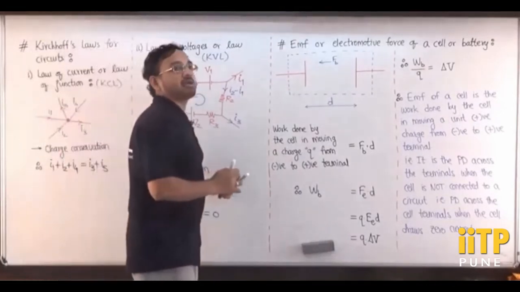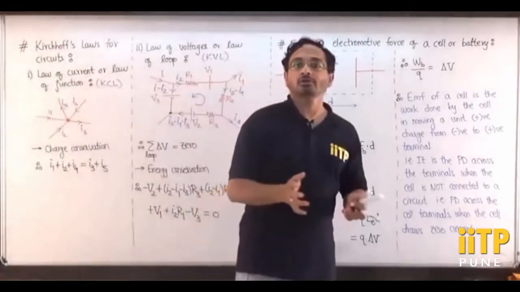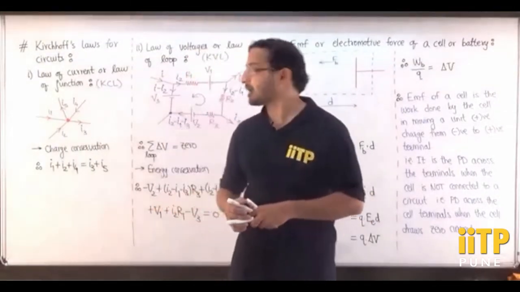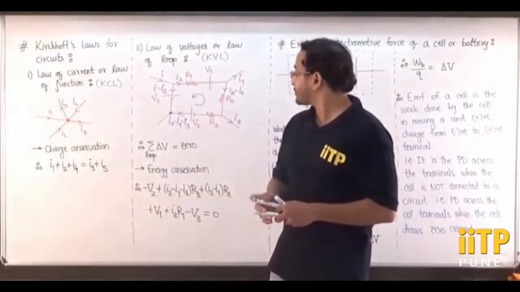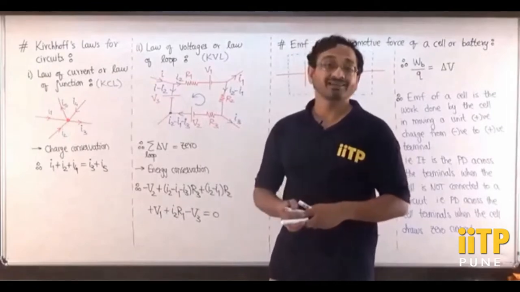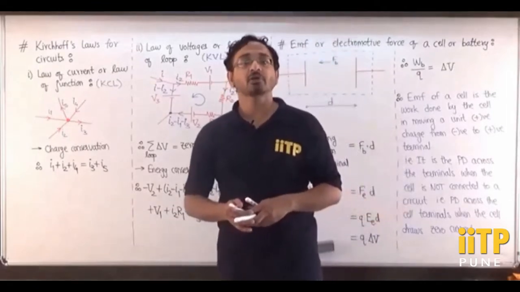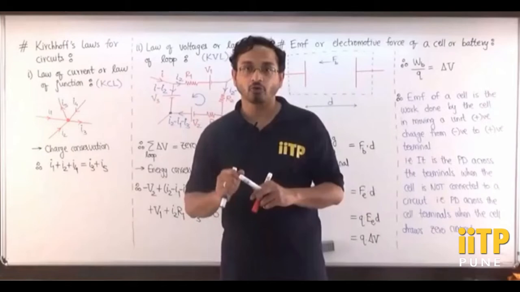Combining these two, we are able to analyze all kinds of circuits that we may encounter. Just remember though that sign convention is very, very important, and it has to be strictly followed.